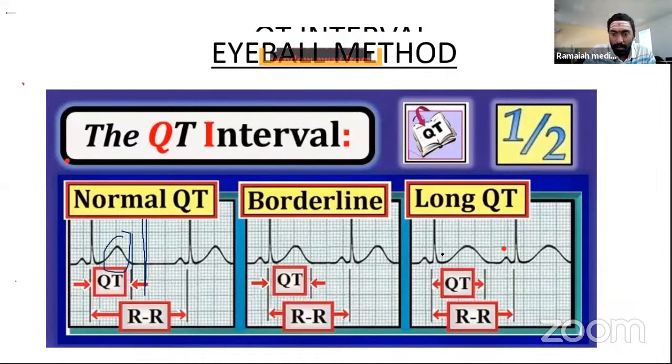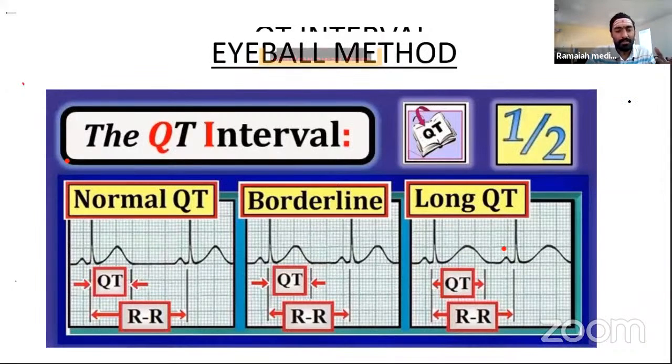But here in the long QT, this is the exact midway and the T wave is overshooting this midline. This is called the eyeballing method. If it is crossing more than halfway, then it is called a long QT. This is a very short way to do it, but you use it only when the heart rate is somewhere around 60 to 70. If you use it at very fast heart rates, it may not be very useful.